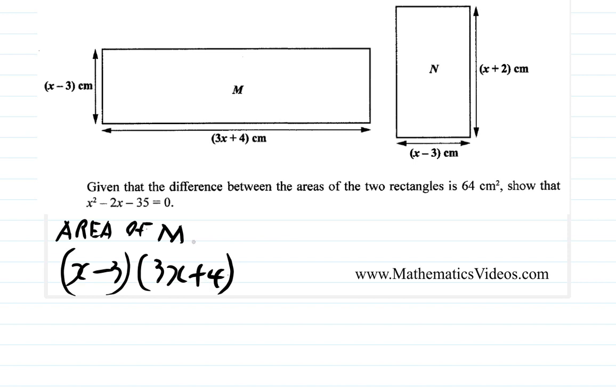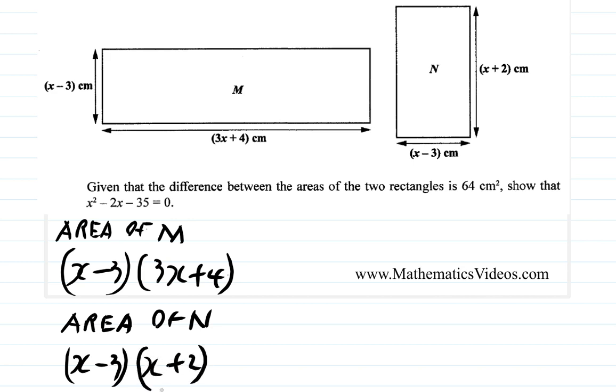Then the area of rectangle N is going to be x minus 3 times x plus 2.